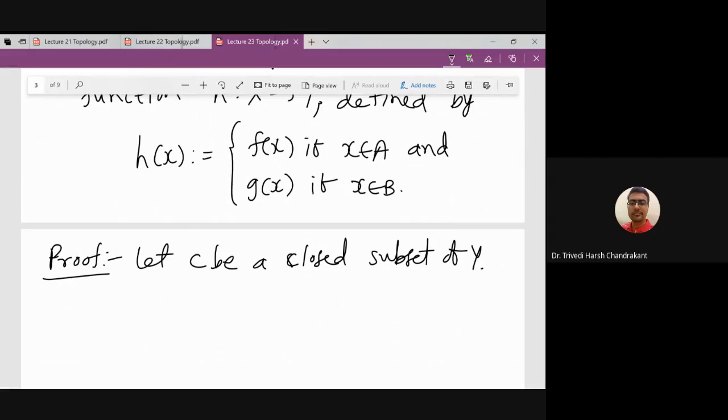Since we have defined Hx in terms of Fx and Gx, H inverse of C will be F inverse of C union G inverse of C.